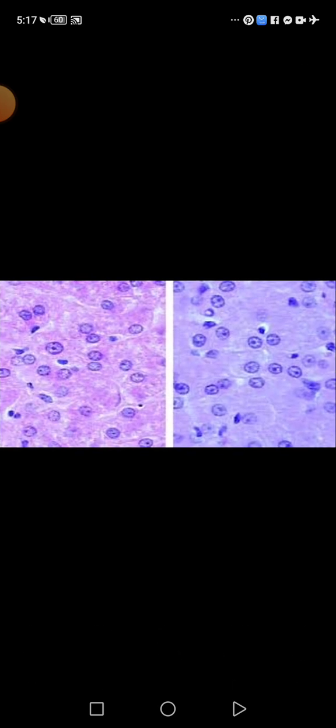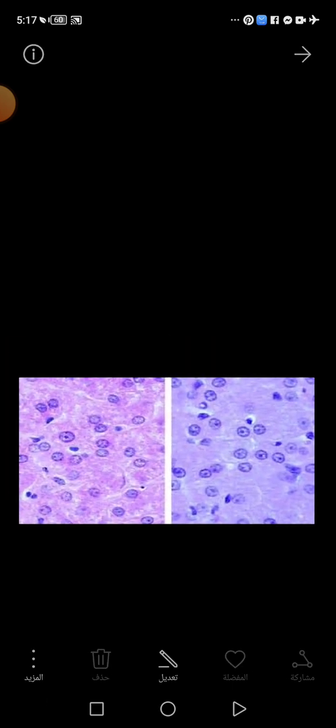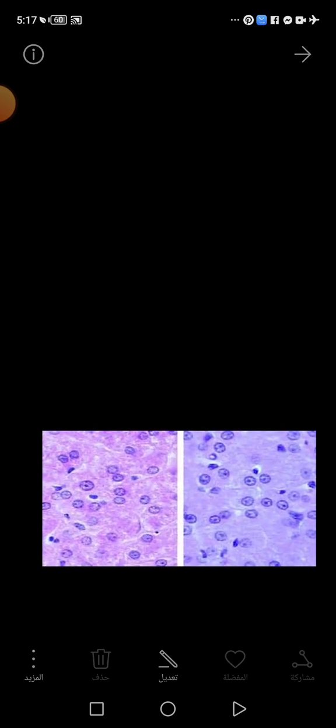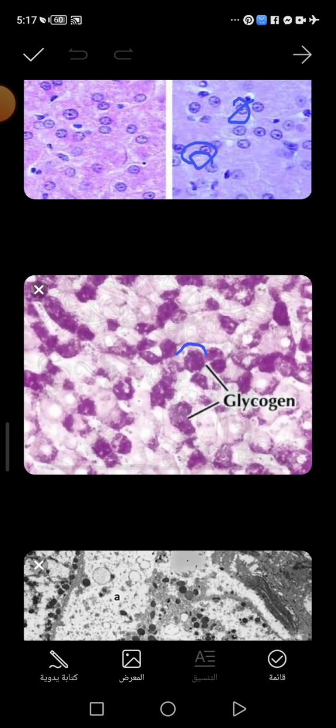I will not explain about them now, but after that we will go to the anatomy of the liver cell, and the vessels, all in histology.